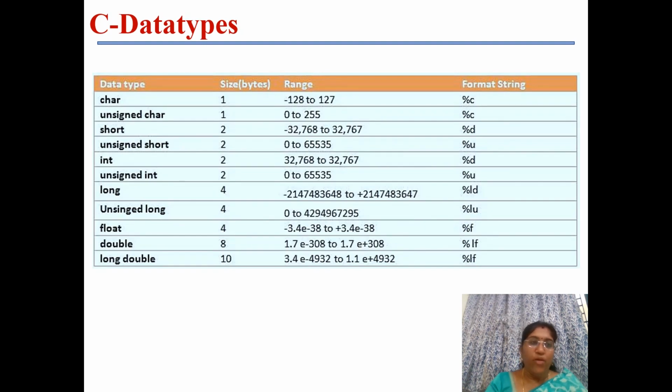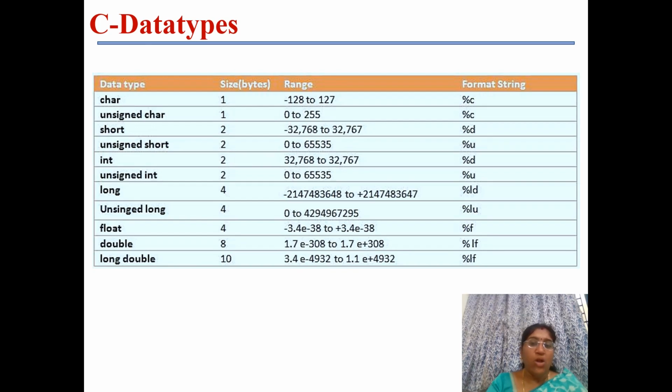The table provides details about various C data types, including the size in bytes, range of values, and format specifier used in printf and scanf functions. Character takes 1 byte to store and can store values from -128 to 127, signed by default.